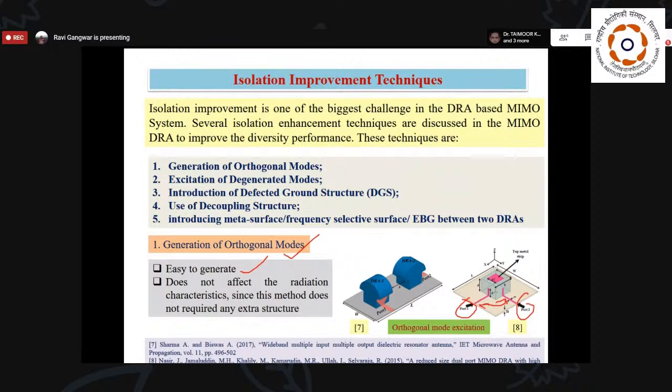In that condition, if we see the port-to-port correlation and field-to-field correlation, both are at minimum values. So that kind of system is one of the most important and most useful techniques for isolation improvement. But we cannot go beyond certain values by using these orthogonal modes.